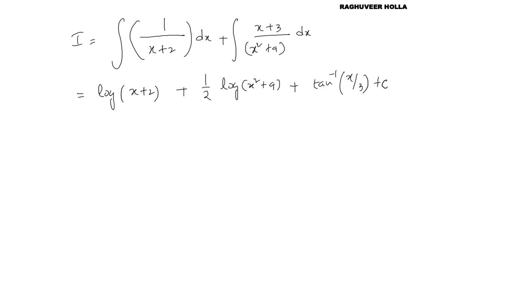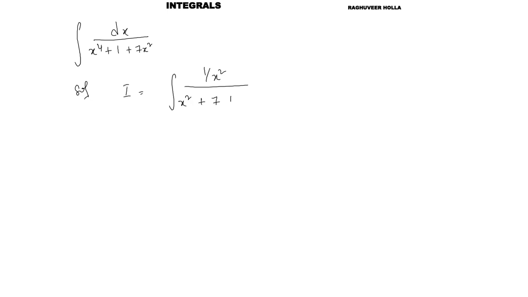Okay, so let us move on to the next problem. Integral dx by (x⁴ + 1 + 7x²). So I is integral, let us divide by x² here, so that I'll get x² plus 7 plus 1 by x². Now multiply and divide by 2.